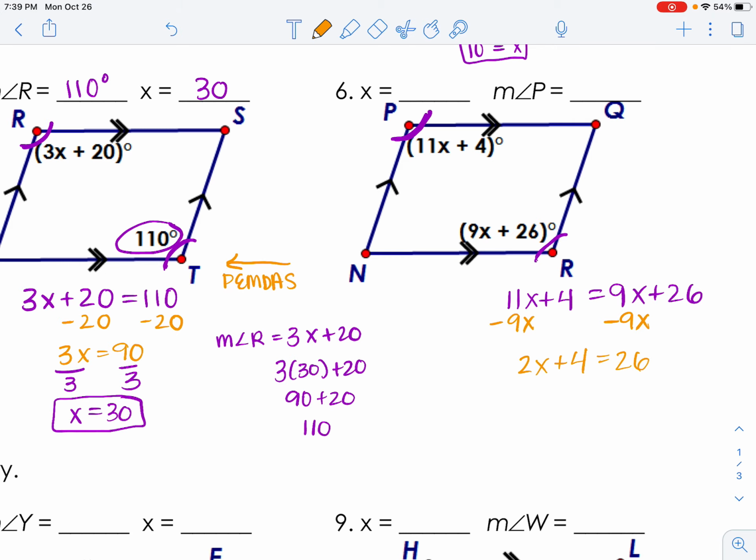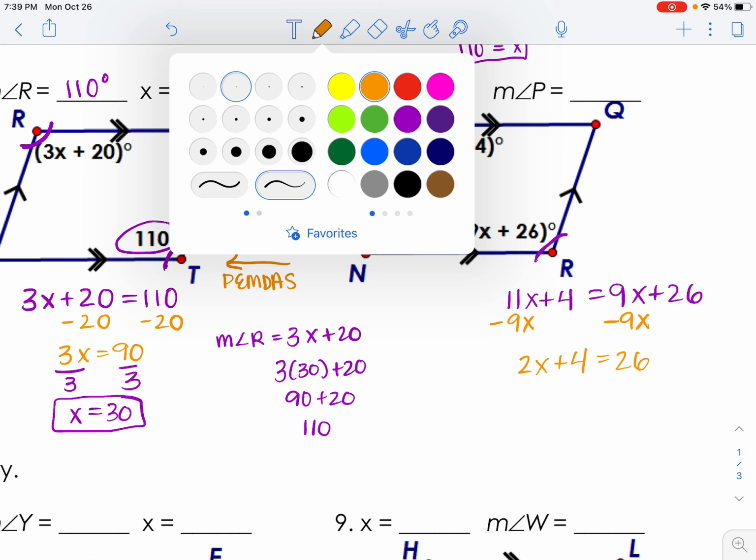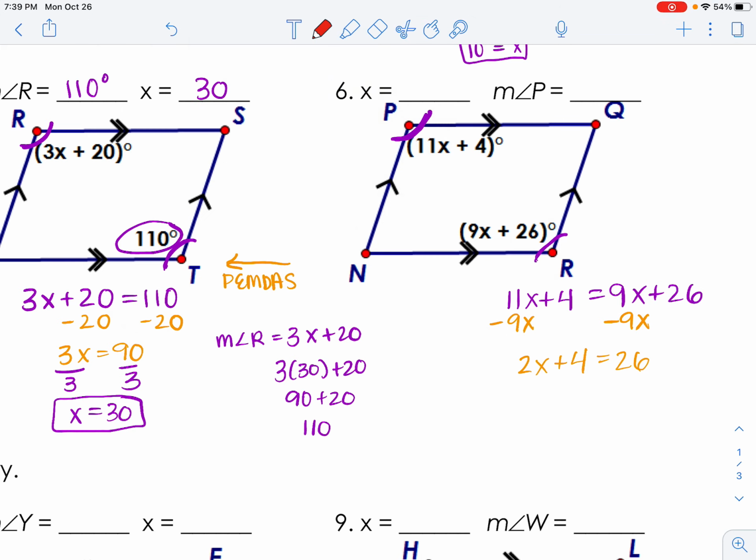The next thing I want to do, remember we do order of operations backwards when we're trying to solve for x. So to move over the 4, I'm going to subtract 4 from both sides. 2x equals 22. And now the inverse of multiplication is division. So I'm going to divide both sides by 2. And we get x equals 11.